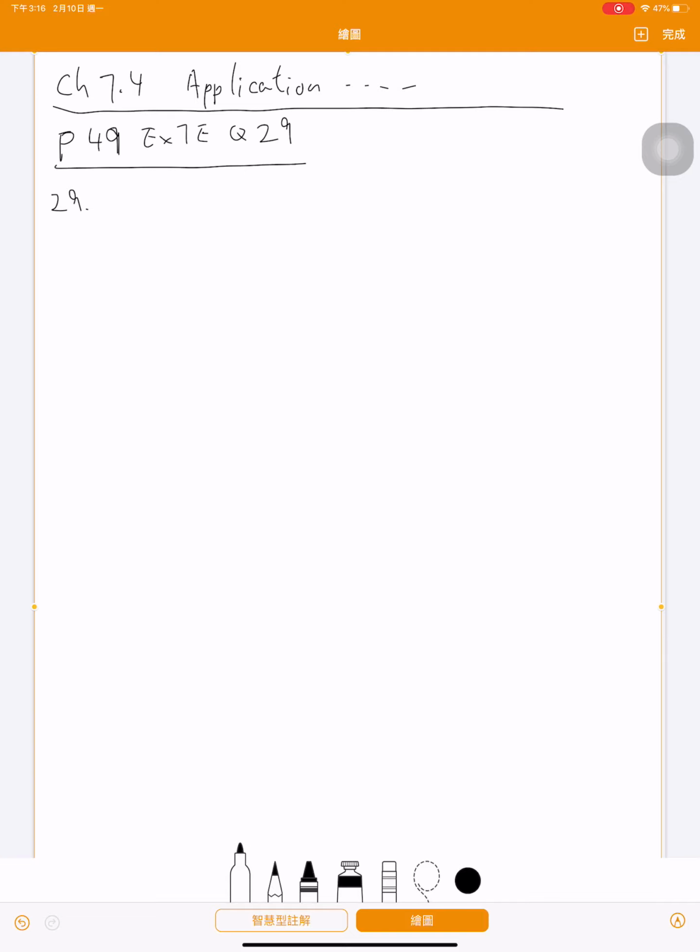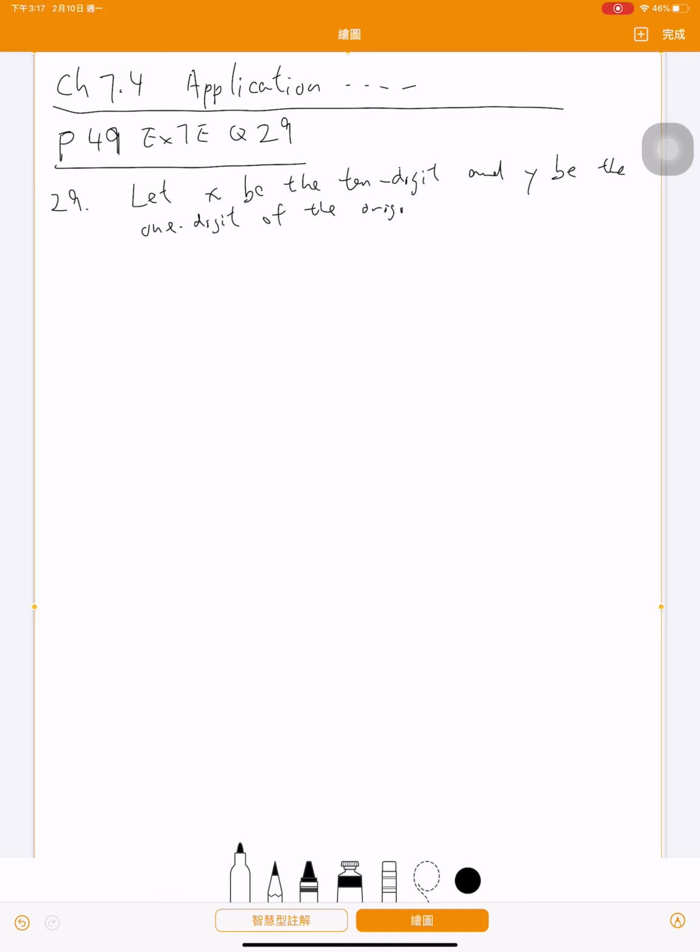So after you know this concept, we can do the question. First of all, we want to find the original integer, so we let x be the tens digit, and y be the ones digit of the original number.